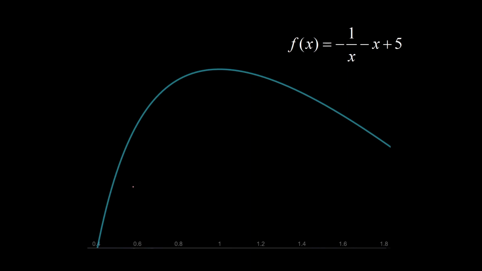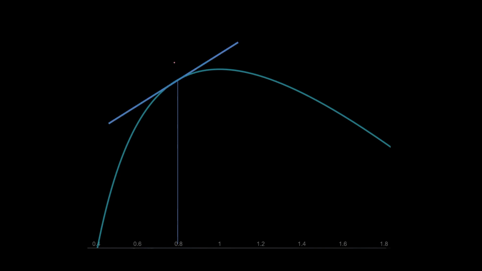So take this scenario. Now here's just a graph. This is the function that I'm graphing. But forget that for a moment and pretend that this is just some hill. And you and your friend are going to stand on this hill. And let's say you're going to stand at point 8. So there's some steepness there that you are standing at on this hill. And let's call that steepness there just m1.